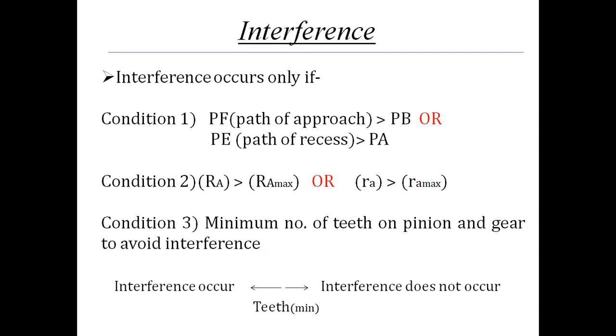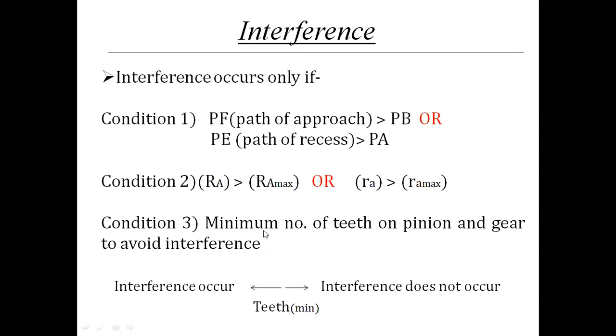If that value is less than the minimum number of teeth, interference will occur. And if the teeth on gear or pinion is greater than the minimum value of teeth, at that time interference does not occur. That thing we have to clearly understand.